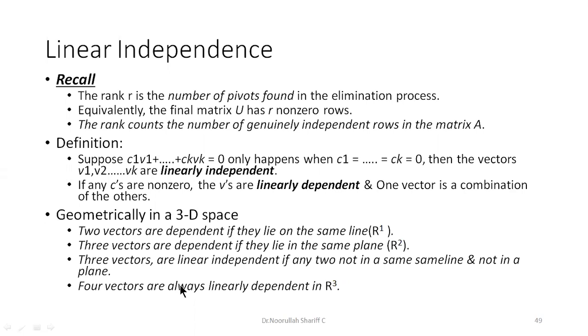Five vectors are always linearly dependent in r to the power 4. One less here: if this is 4 and this is 3, one less. Three vectors in r squared, one less, 2 vectors in r1, same line, then it will be the case of linear dependence.